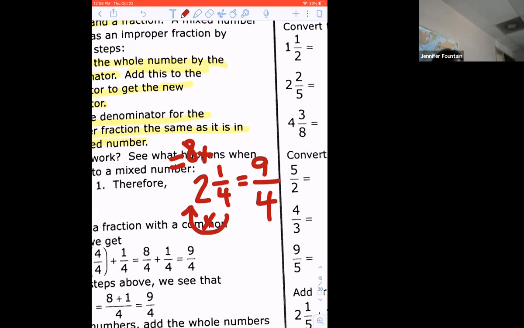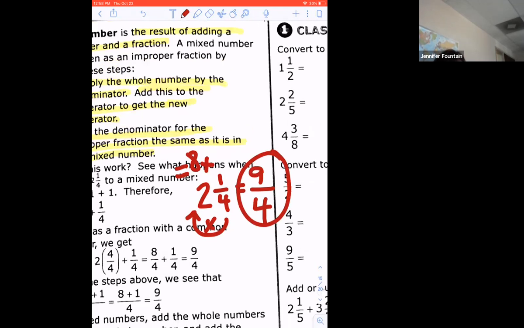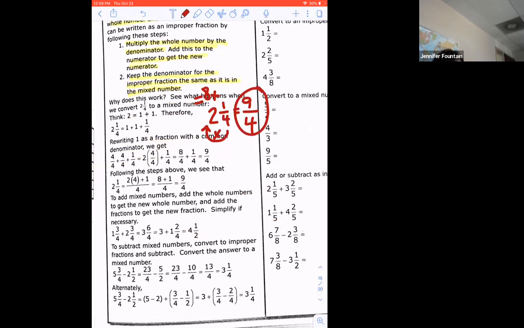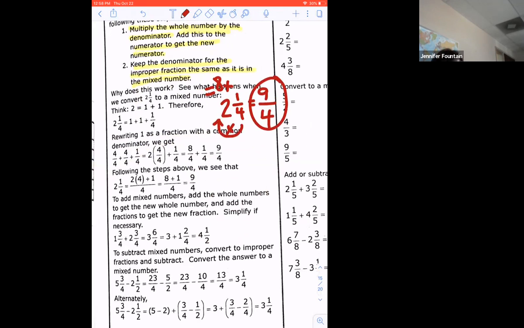So multiply the denominator by the whole number, 4 times 2 is 8, then add 1, and that gives me 9. So it's 9/4. That's what it means to multiply, then add, and then keep the denominator. Now we can see how we end up with 9/4.